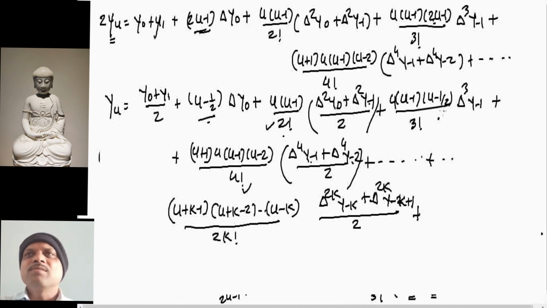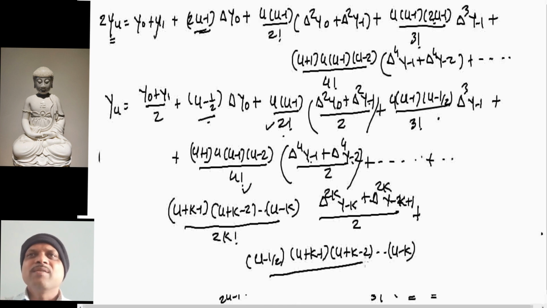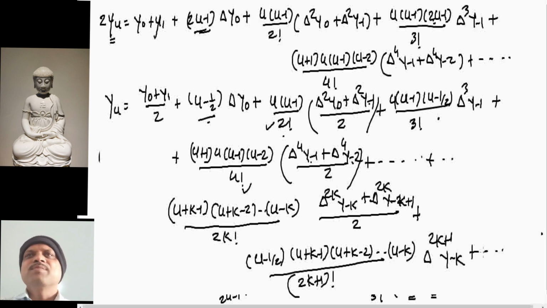Whenever there is an odd term, there is one factor u minus 1 by 2, so the general term is (u minus 1 by 2) into (u plus k minus 1)(u plus k minus 2) up to (u minus k) divided by 2k plus 1 factorial into delta raised to 2k plus 1 y at minus k, plus.